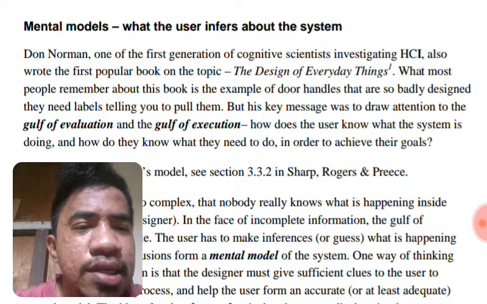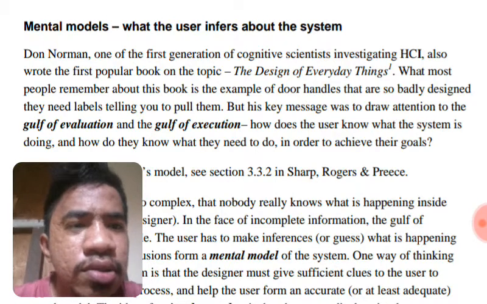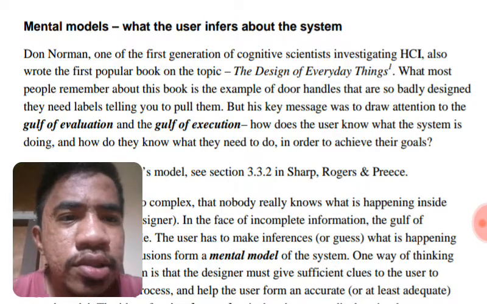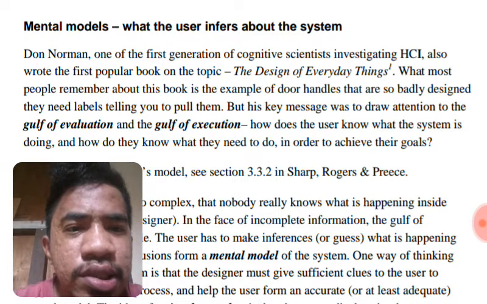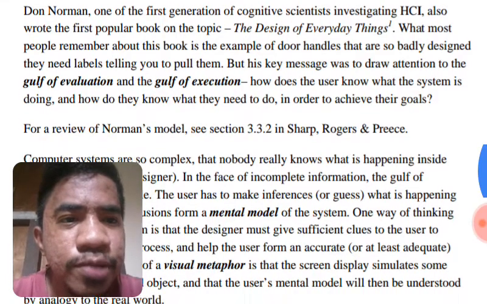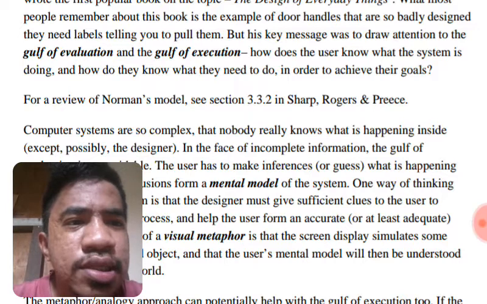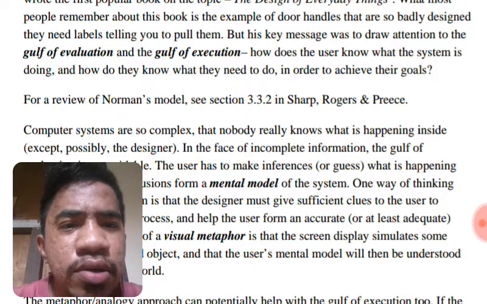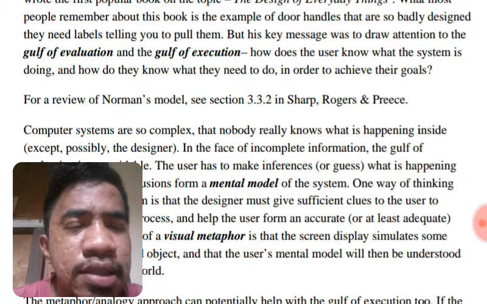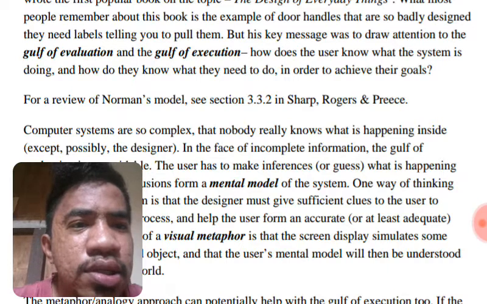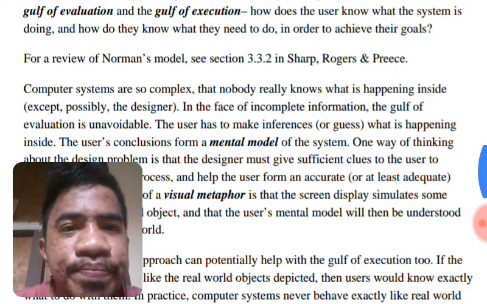But his key message was to draw attention to the gulf of evaluation and the gulf of execution. How does the user know what the system is doing, and how do they know what they need to do in order to achieve their goal?